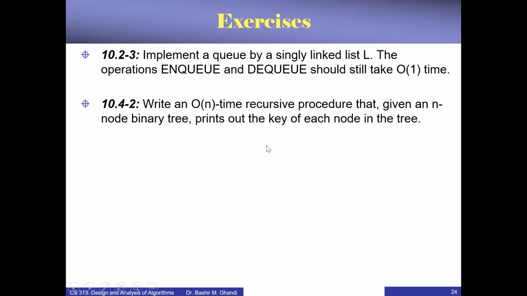Write a big O of n time recursive procedure that, given an n-node binary tree, will print out the key of each node in the tree. So basically a procedure to traverse a binary tree, and it should be big O of n. It should also be recursive.